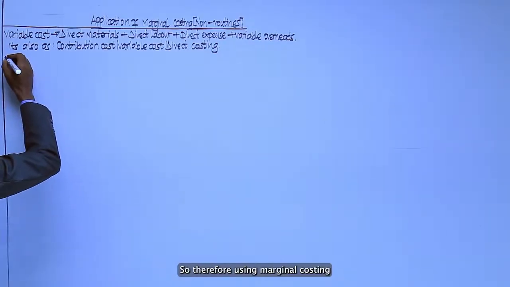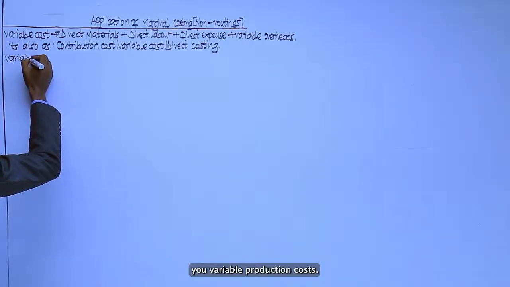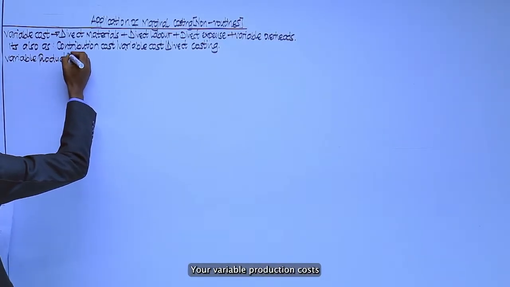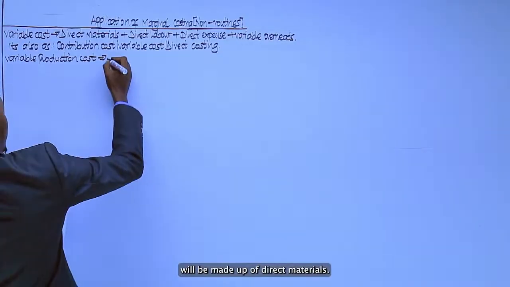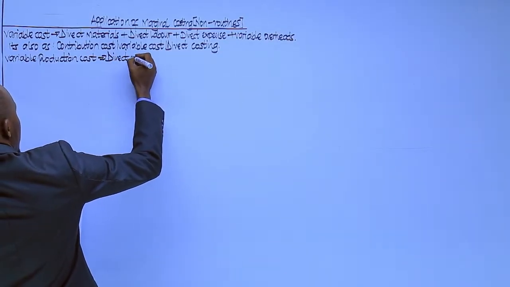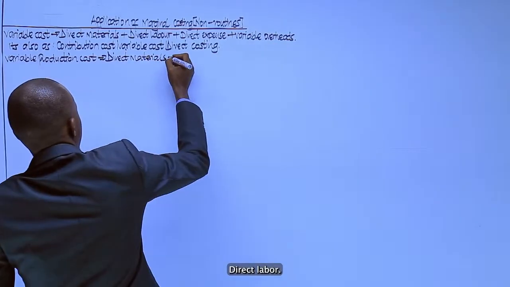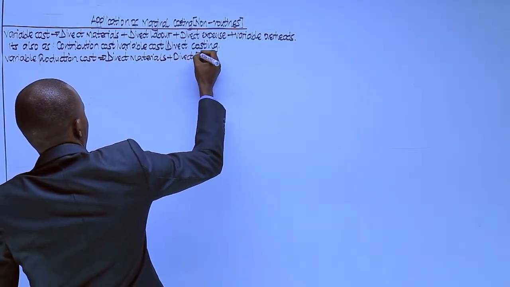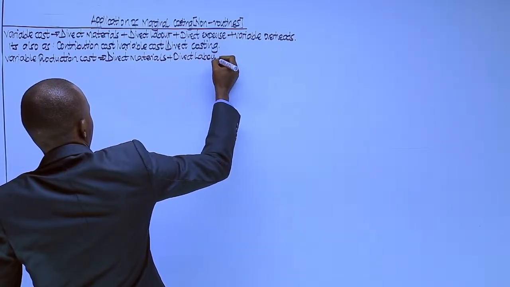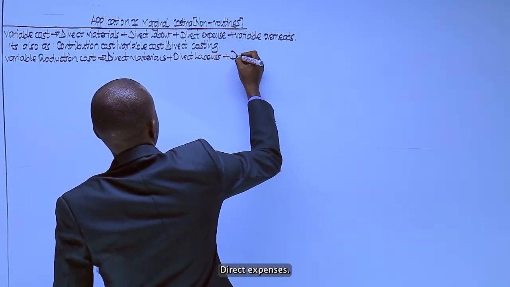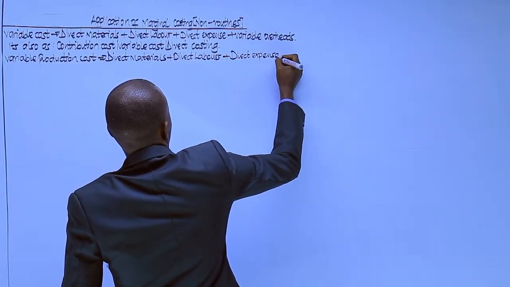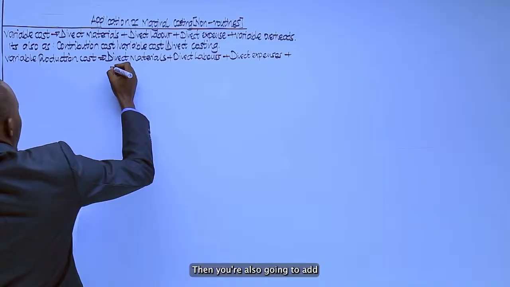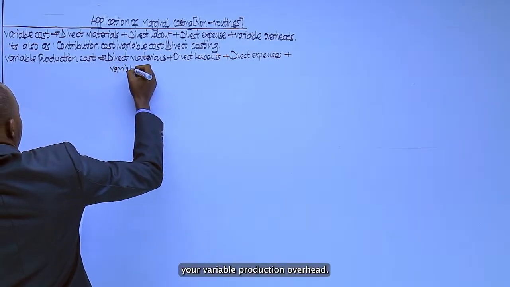So therefore, using marginal costing, your variable production costs will be made up of direct materials, direct labor, direct expenses. Then you're also going to add your variable production overheads.